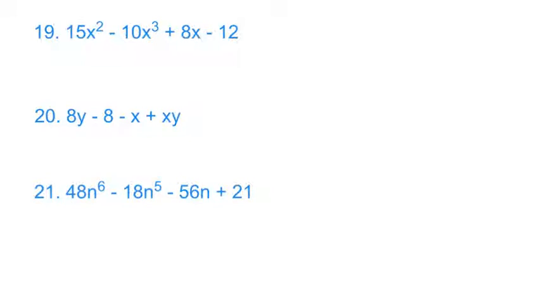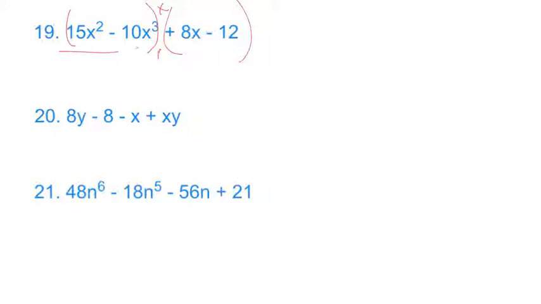Here are some examples of items that need to be factored by grouping. So what I would do here is I would group these here. Now, don't be fooled by the fact that there's nothing in here. There is understood to be a plus here.